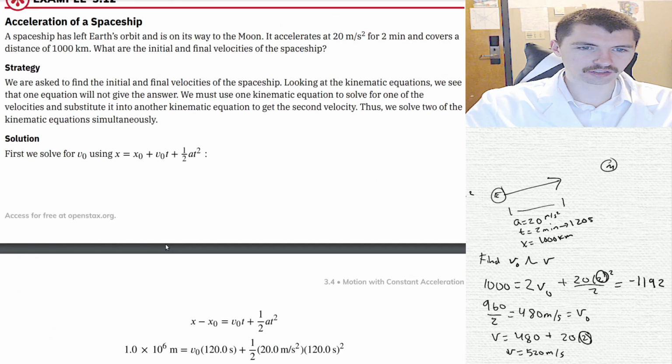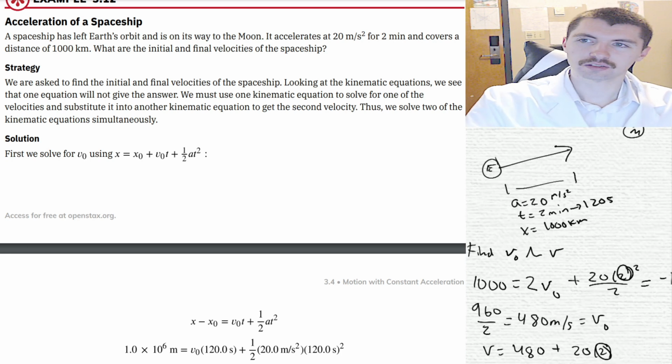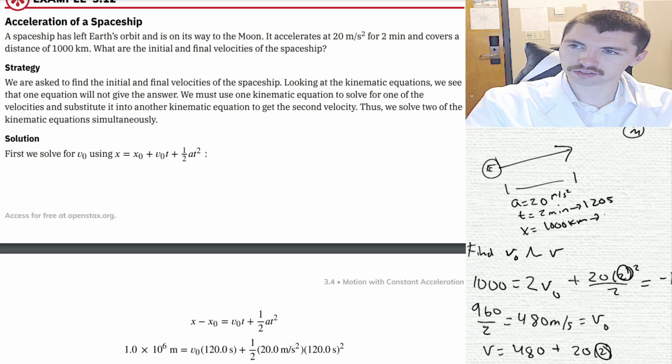Looks like they're converting this into kilometers or into meters. Okay, that's annoying, but is what it is. So they're saying this is a million meters. Okay.